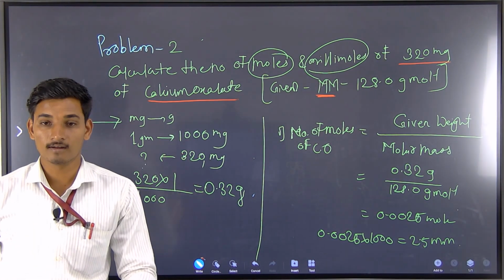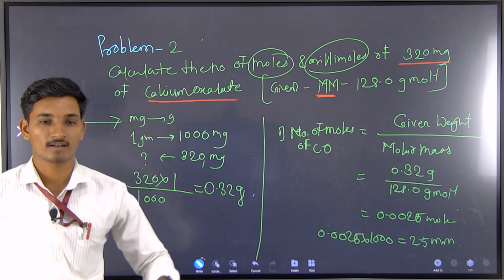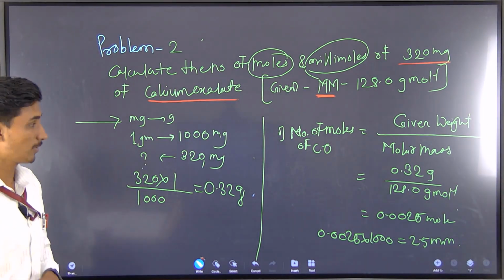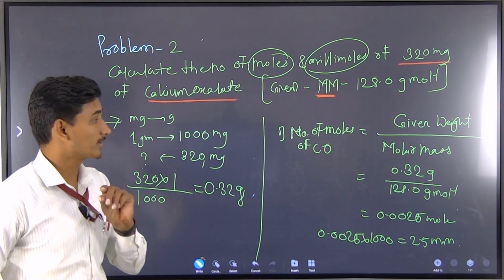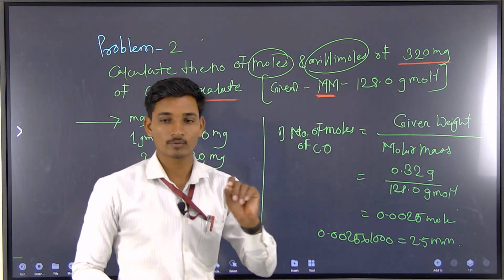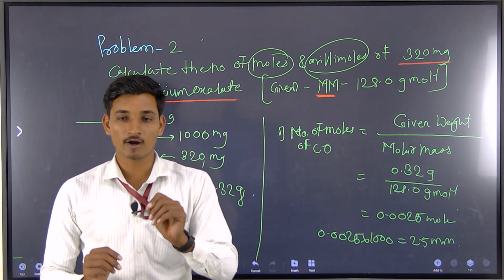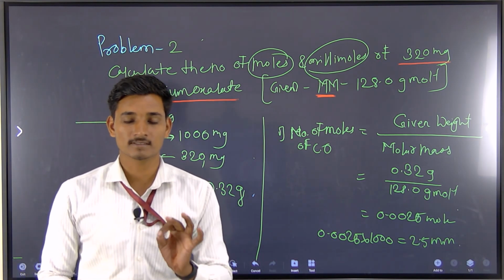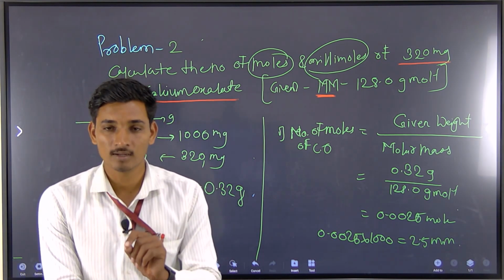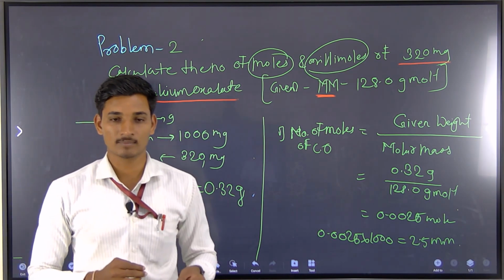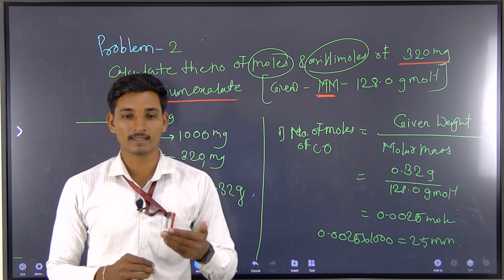This is the second problem for calculating the moles and millimoles of the given compounds. The simple difference is that first of all, while calculating the moles, we must check the units of both quantities, the given quantity and the molar mass. Molar mass is always in gram per mole, but the given quantity may be in microgram or milligram.